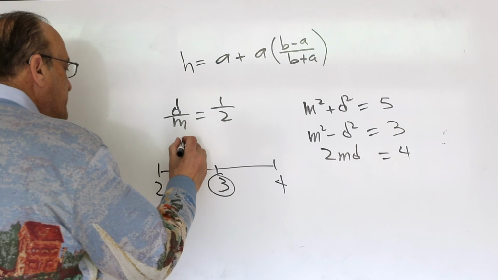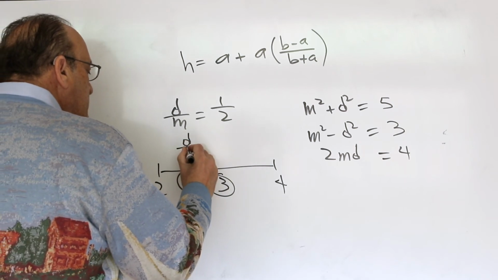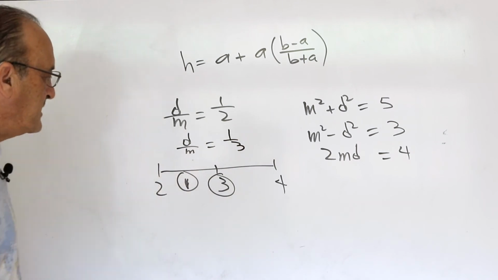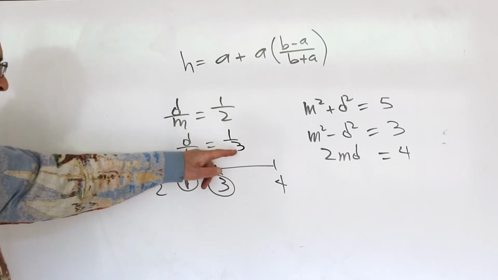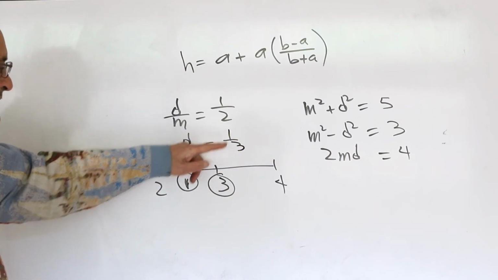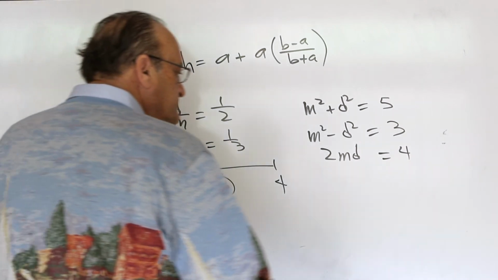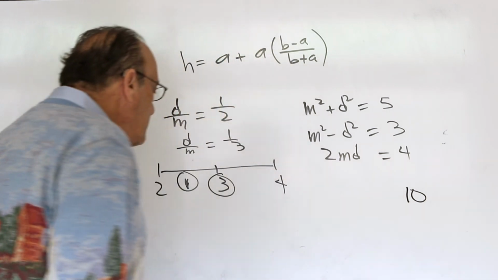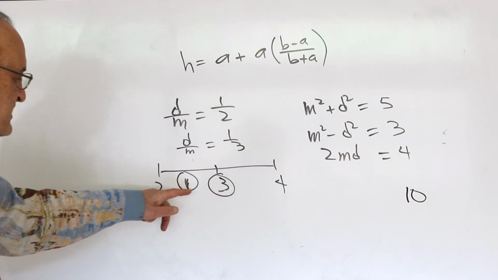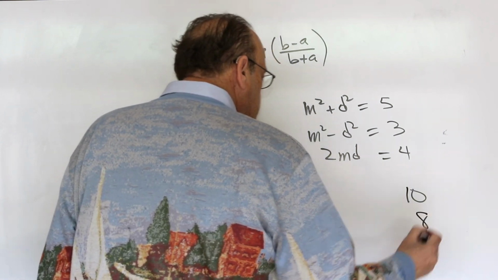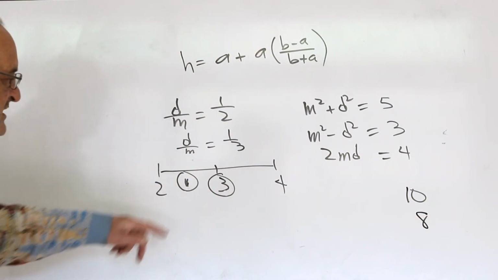So suppose I have d over m being 1/3. Then m squared plus d squared is equal to 10, m squared minus d squared is going to be equal to 8, and 2 times m times d is going to be equal to 6.